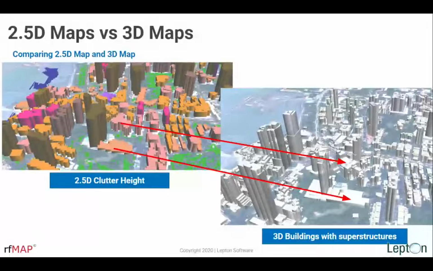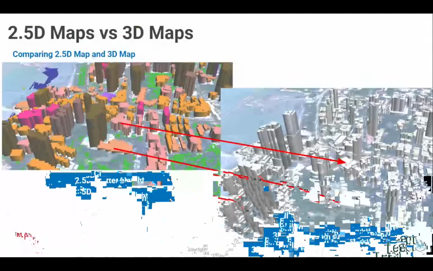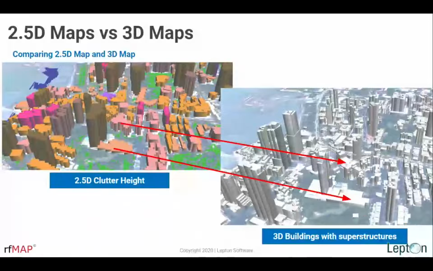No doubt, 3D data is the best data set if you are going with 5G planning. There's no other answer apart from 3D. But as I have mentioned, if we have budget constraints, we can always go for an intermediate or hybrid map, which is the 2.5D map. You can see the comparison.